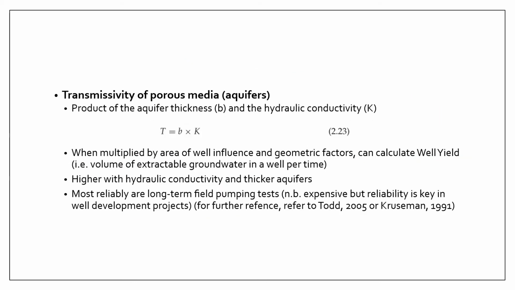All right, so let's talk about other descriptors or parameters of aquifers. So let's talk about transmissivity of porous aquifers. Transmissivity is basically just the product of aquifer thickness B times the hydraulic conductivity K. And the significance of transmissivity is that you can use it to calculate well yield, or how much water the well can produce.